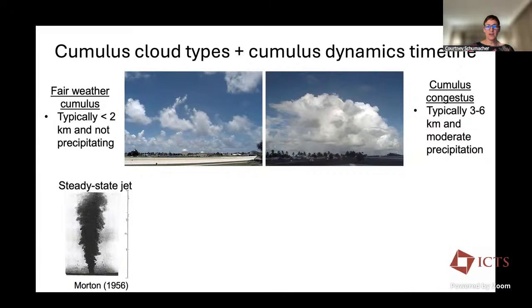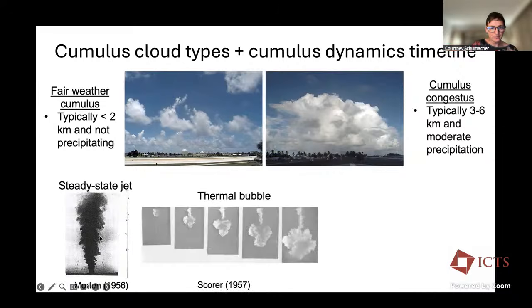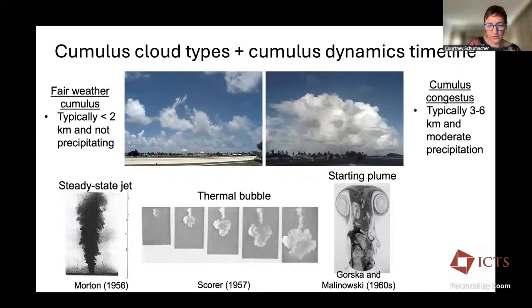These are also observations in labs, where people did steady state jets back in the 50s, and they realized it gets us kind of close to the cauliflower growth of a convective cell, but it certainly grows too fast. And then the next year, Scorer said, let's think about convection more as a thermal bubble. You can see this with time going down, and it also has that look of these convective clouds, but it's too diffuse. So where the steady state jet was too strong, this thermal bubble is too diffuse.